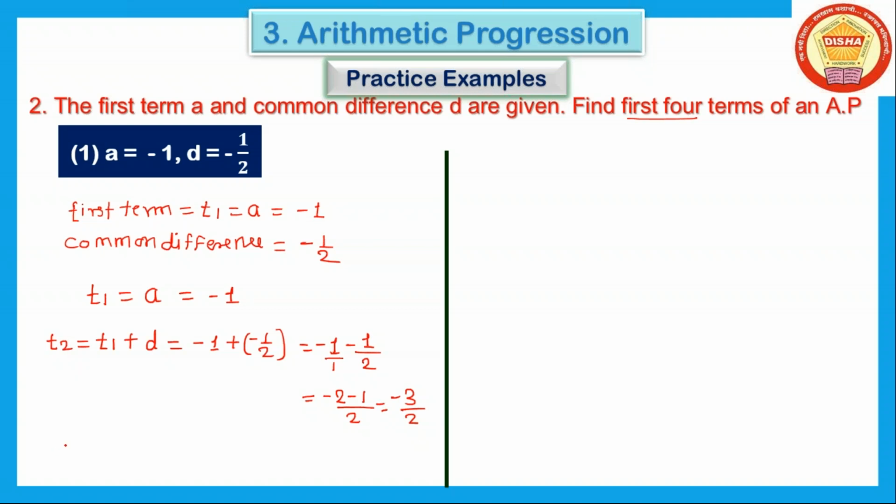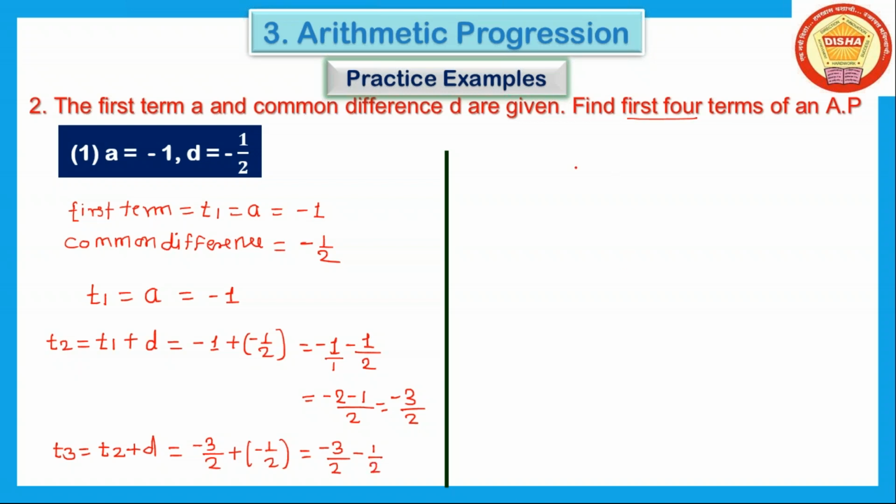Then we will find T3. What is the formula for T3? That is T2 plus D. T2 is equal to negative 3 upon 2. We take this negative 3 upon 2 plus negative 1 upon 2, which is equal to negative 3 upon 2 plus minus 1 upon 2.